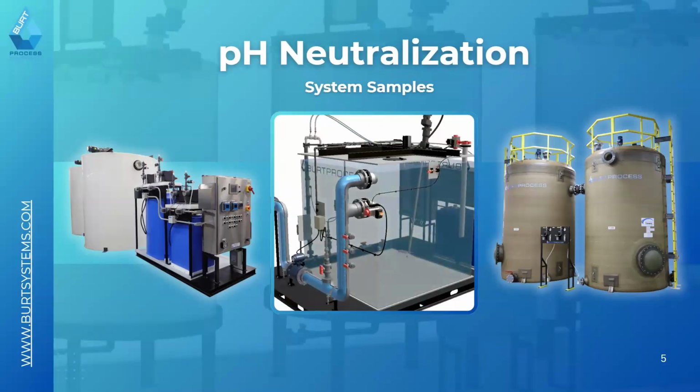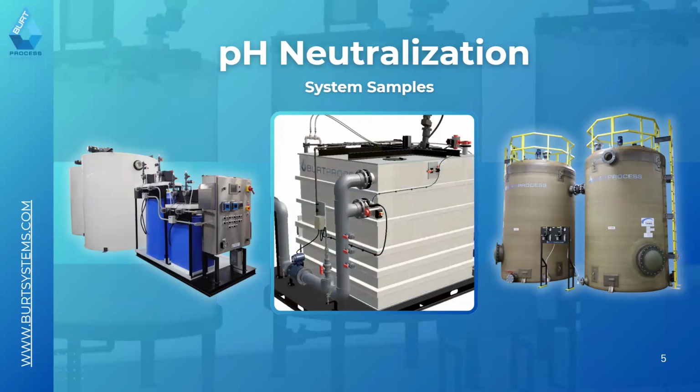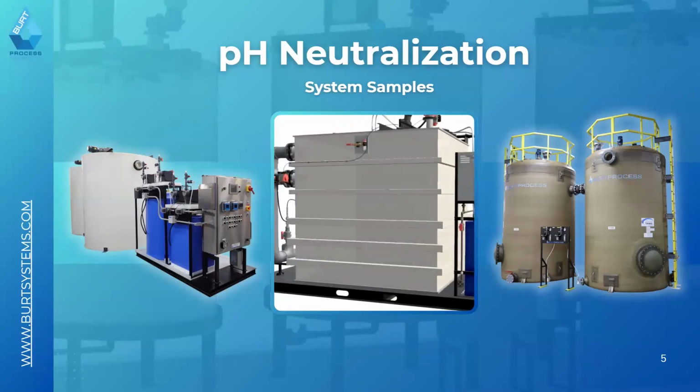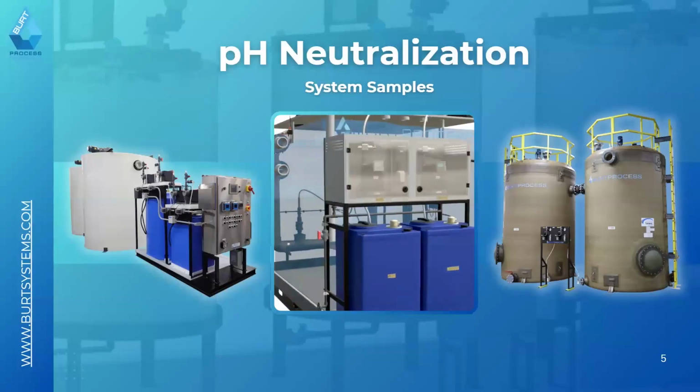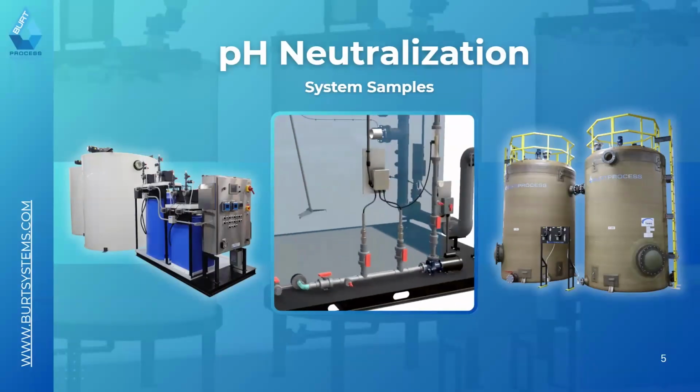And here in the center, just a model of how these systems operate. You can see the CSTR as part of the treatment tanks and that built-in integral batch interfacing that I was just talking about. We'll delve into this a little more when we talk about the different system configurations. But the one in the center here is a typical scale of system that you would see as part of a pharmaceutical waste treatment system.